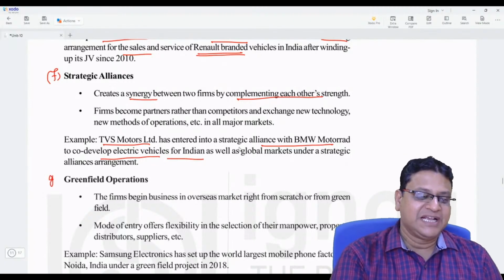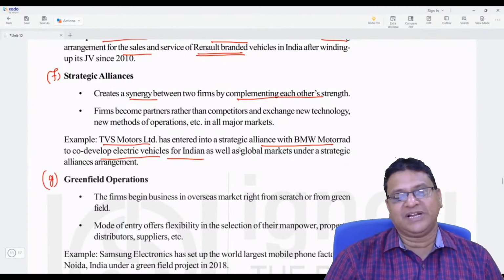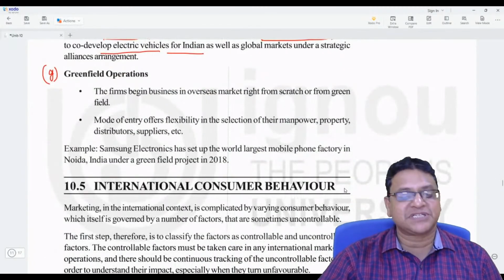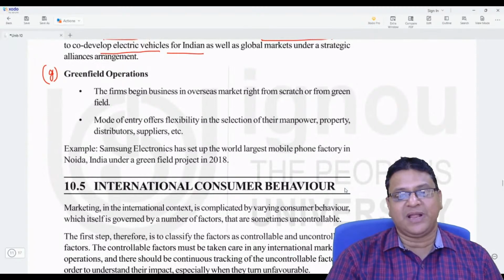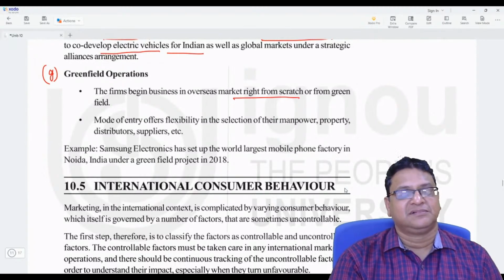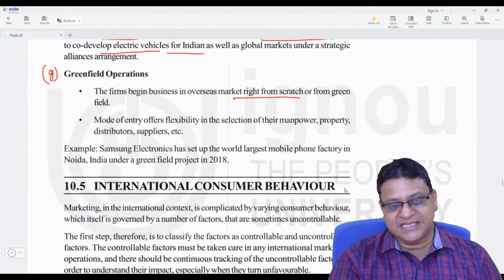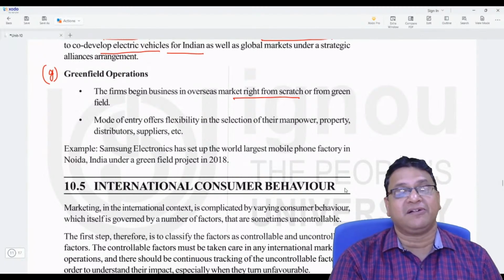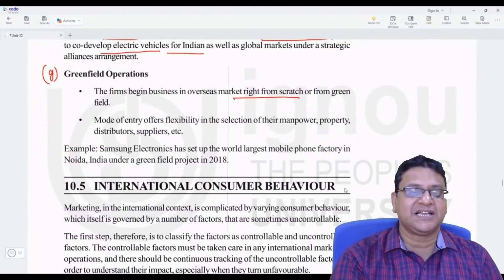And next one is greenfield operation. What is greenfield operation? Greenfield means starting something from scratch. That is known as greenfield, starting something from scratch. In this case, you start a business from scratch in a foreign country. Let's take an example.